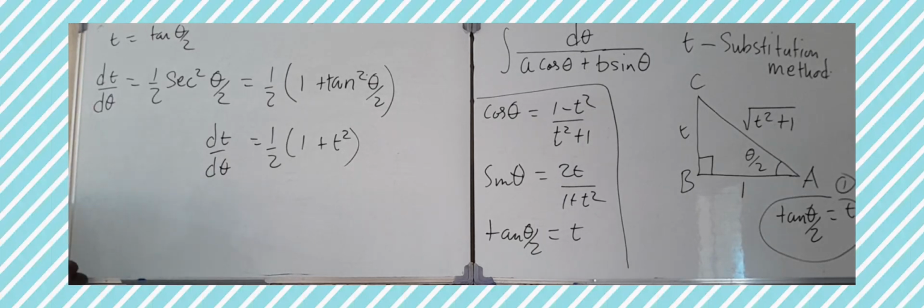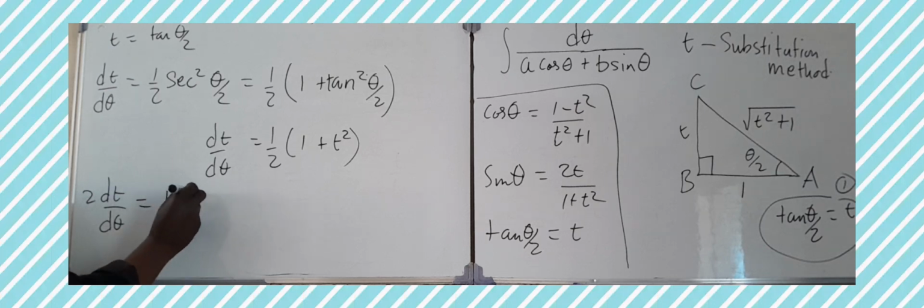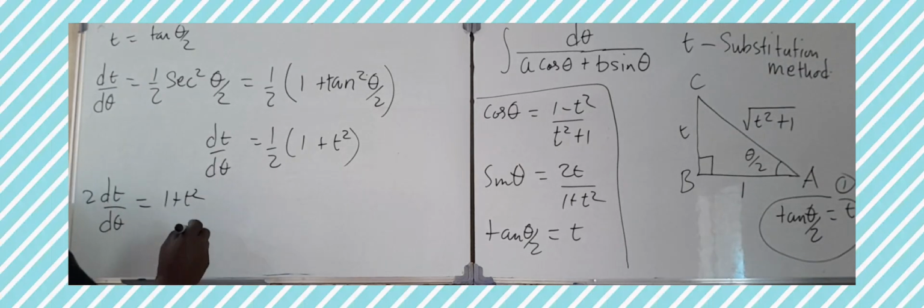Let's multiply both sides by 2. We get 2 dt over d theta is equal to 1 plus t squared. Let's take the d theta over to that side.